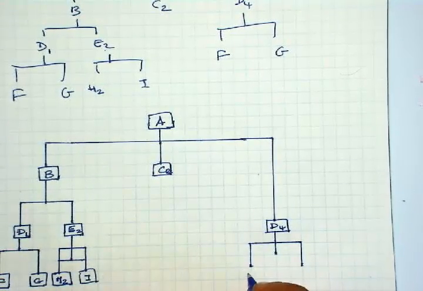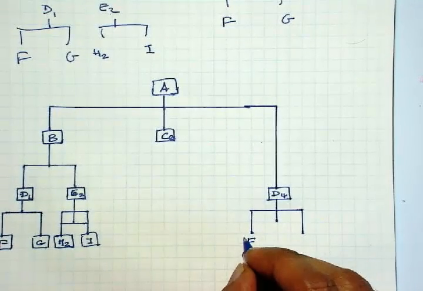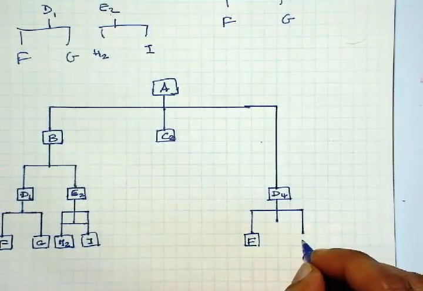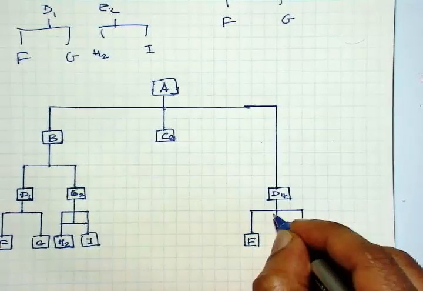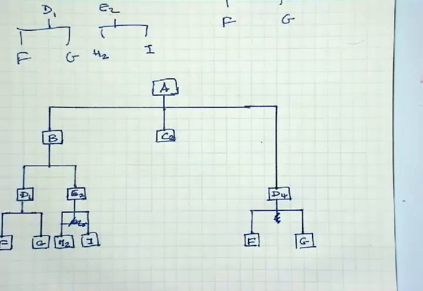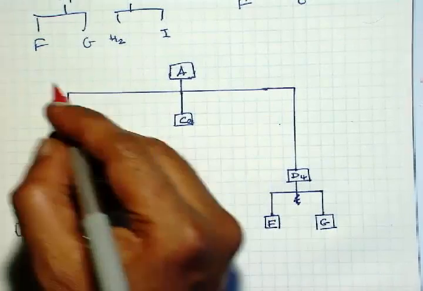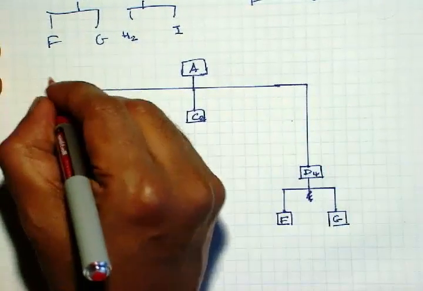So in the same level, F and G. So forget about that and that. So here we have the bill of materials or product structure tree.